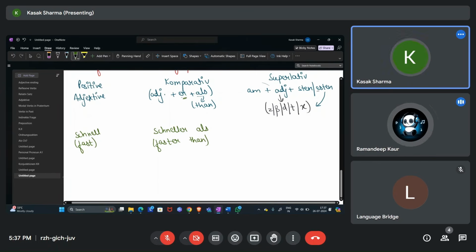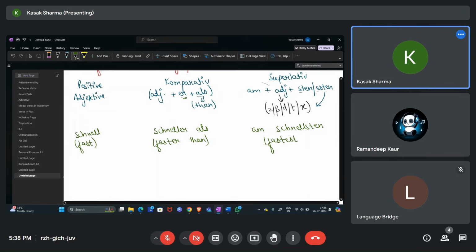And if I am using the superlative, then am schnell plus the normal ending -sten: am schnellsten, fastest. This is the degree of comparison.